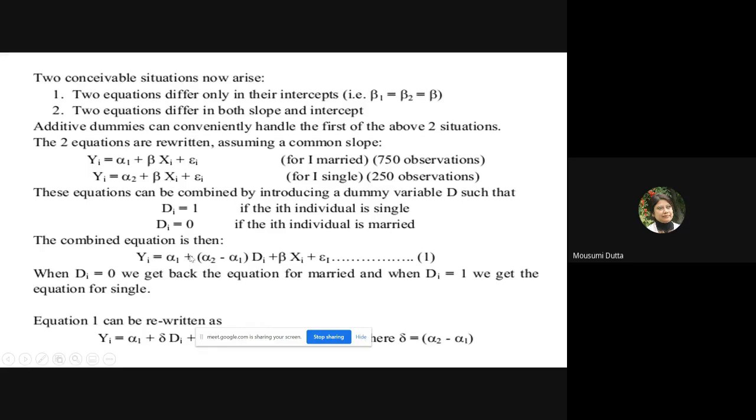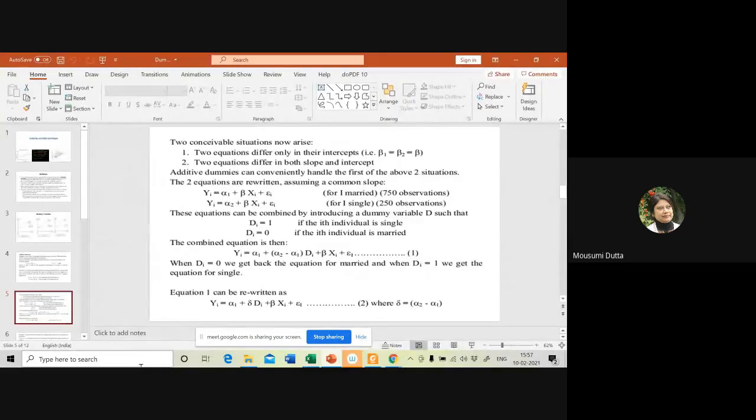So to begin with, this equation 1 is showing us how we can combine the equations in a single equation. Equation 1 can be rewritten as yi is equal to alpha 1 plus delta di, where delta is nothing but alpha 2 minus alpha 1, plus beta xi plus epsilon i.